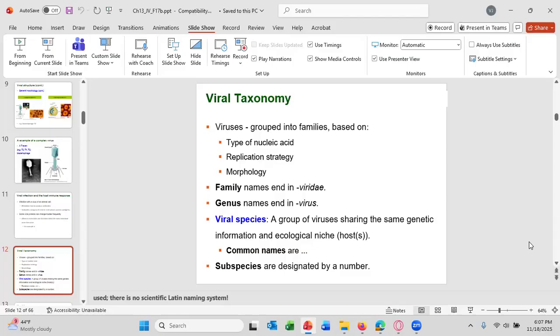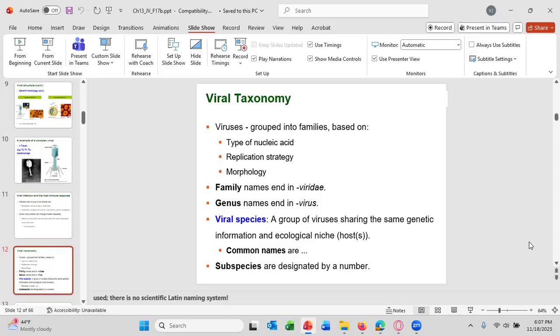The viral genome is not very large, and it also changes rapidly. That makes it difficult for us to classify viruses much above an order. We do not know how viruses evolved and where they evolved from, and that's why we do not classify them much higher than an order.